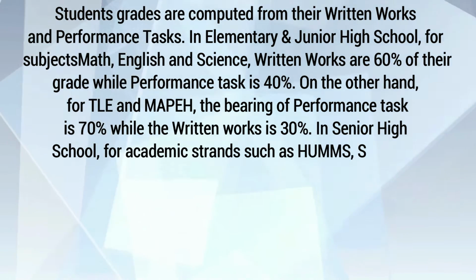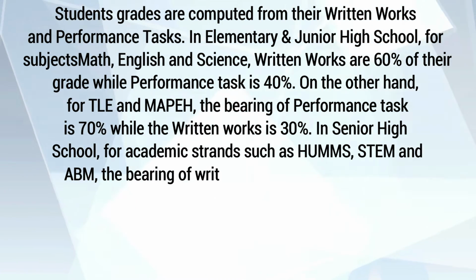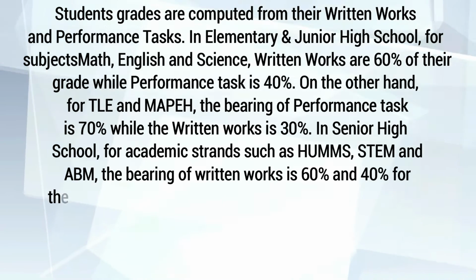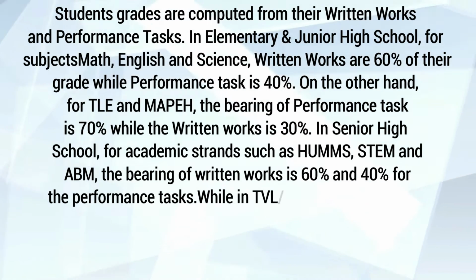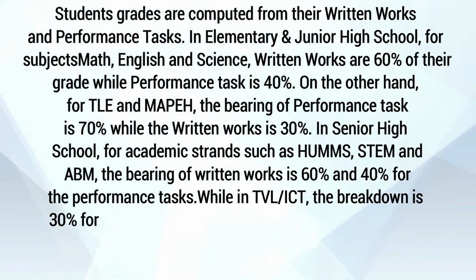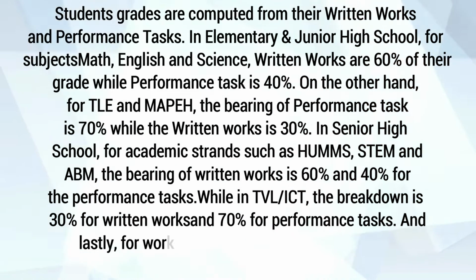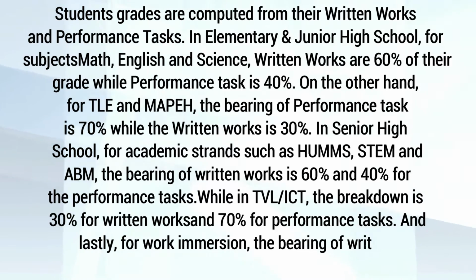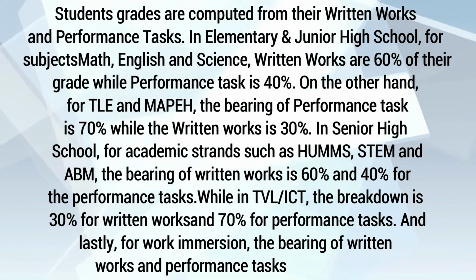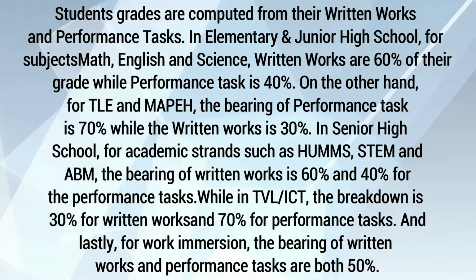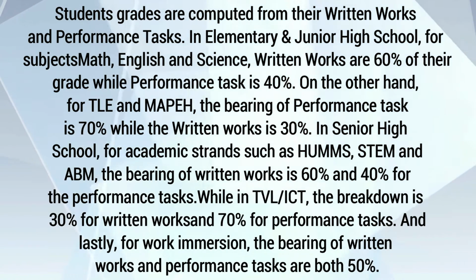In senior high school, for academic strands such as HUMSS, STEM, and ABM, the bearing of written works is 60% and 40% for performance tasks. While in TVL and ICT, the breakdown is 30% for written works and 70% for performance tasks. And lastly, for work immersion, the bearing of written works and performance tasks are both 50%.